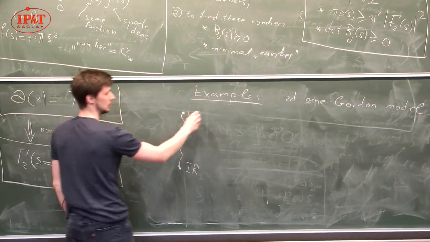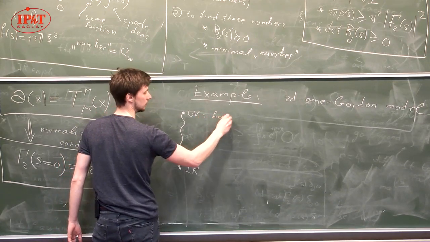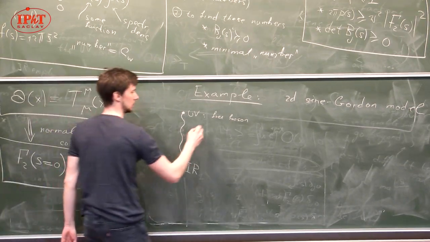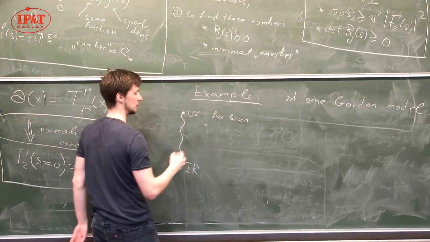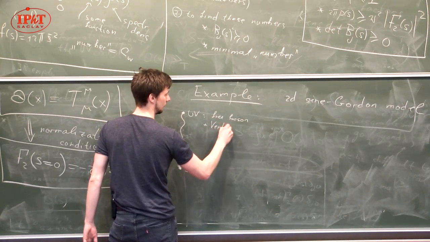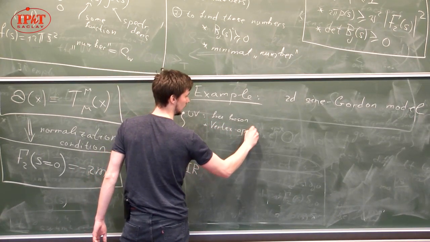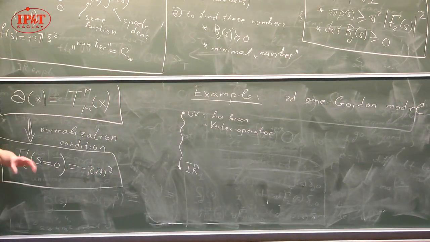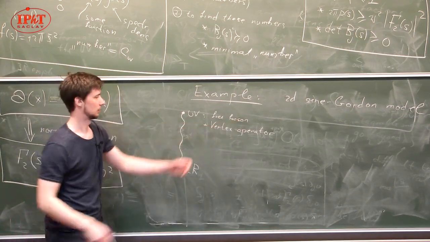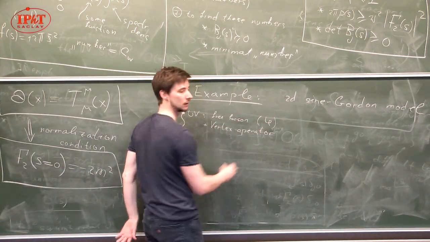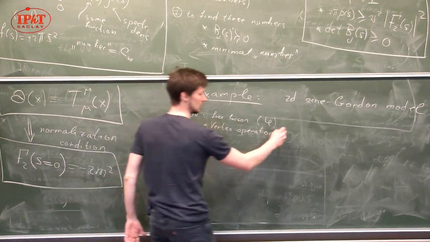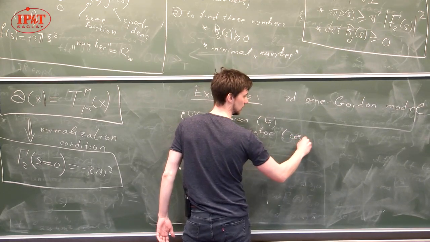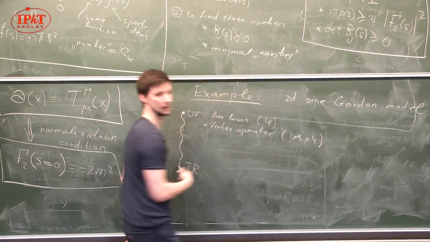It's defined in the UV as a free boson, a free particle, and it's deformed by a vertex operator. Basically, it's really a free Lagrangian, and the vertex operator of the free field phi, and then you add a potential, which is a vertex operator plus its conjugate, so it will give you cos with some parameter of this free field phi.